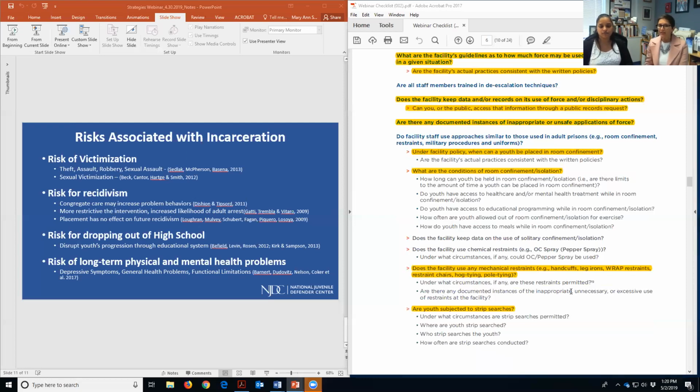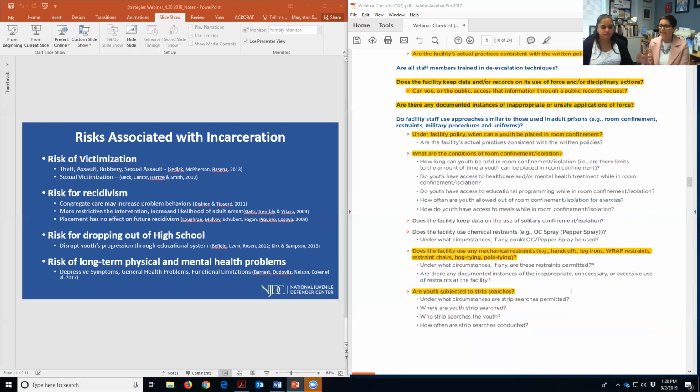Yeah, and again, I think especially with mechanical restraint practices, strip search practices, isolation practices, we all know the harms that these practices really achieve, and the long-term outcomes for young people who face these really abusive practices in facilities.